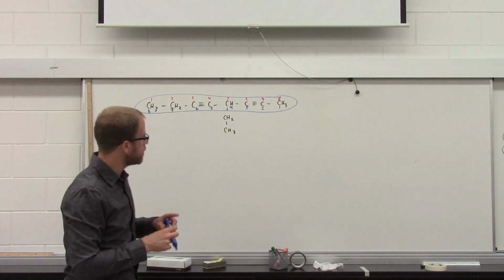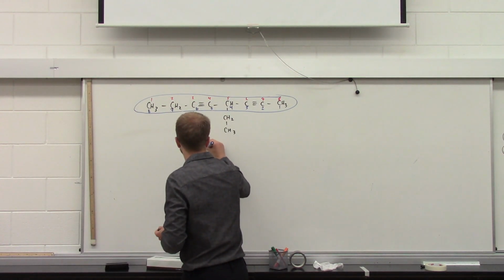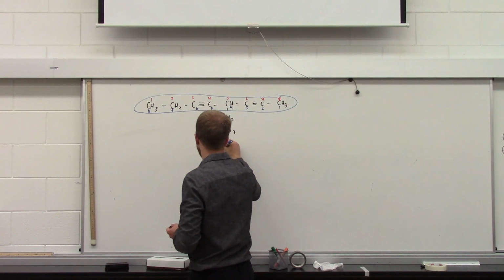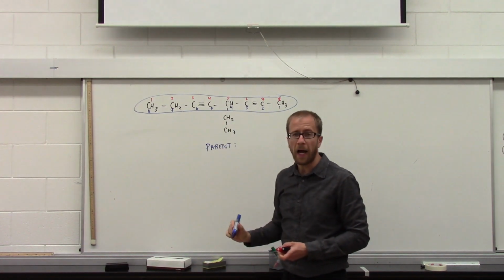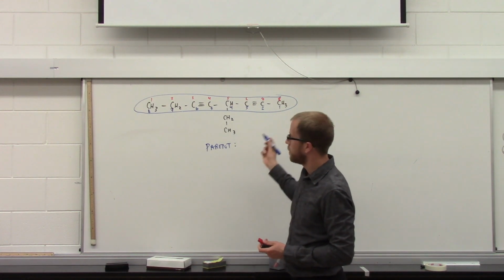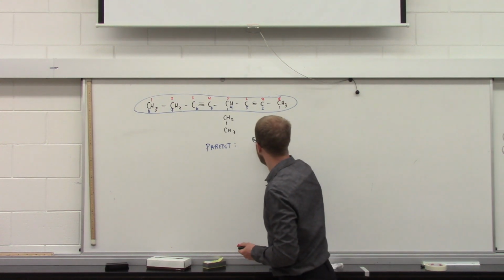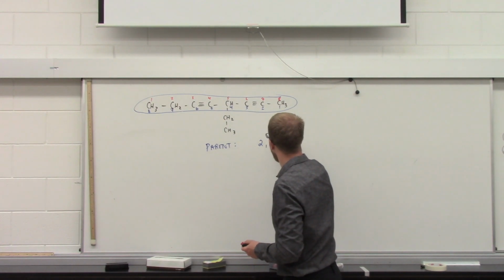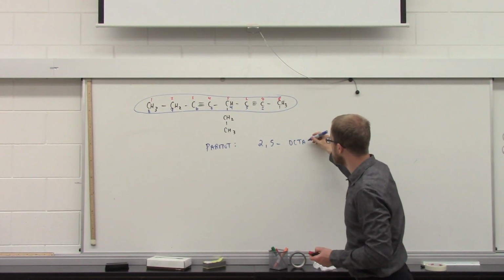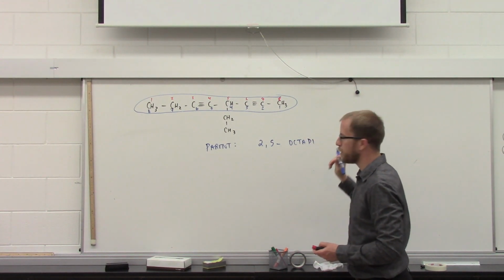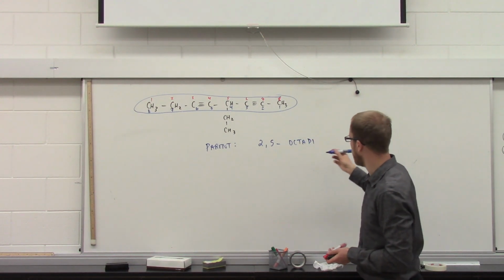So what is our parent chain here? Our parent chain will be 2, 5, what? So we have 2, 5, octa, and then we must use the prefix di because we have 2 triple bonds.